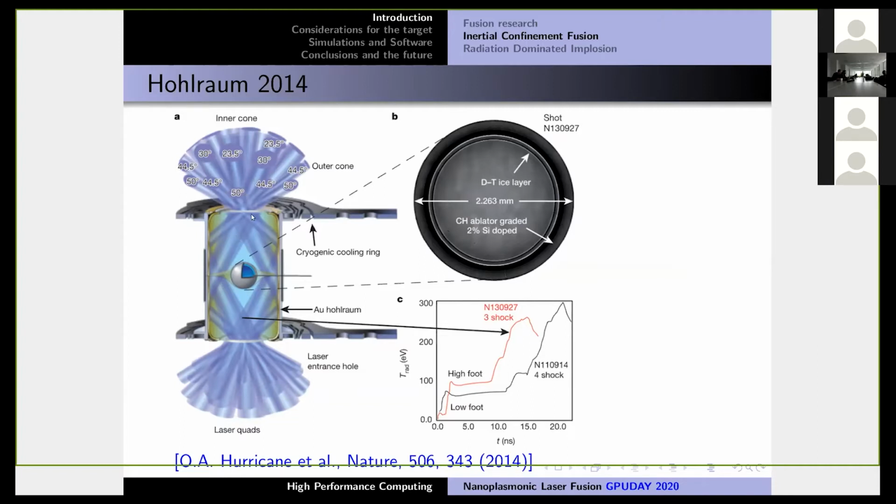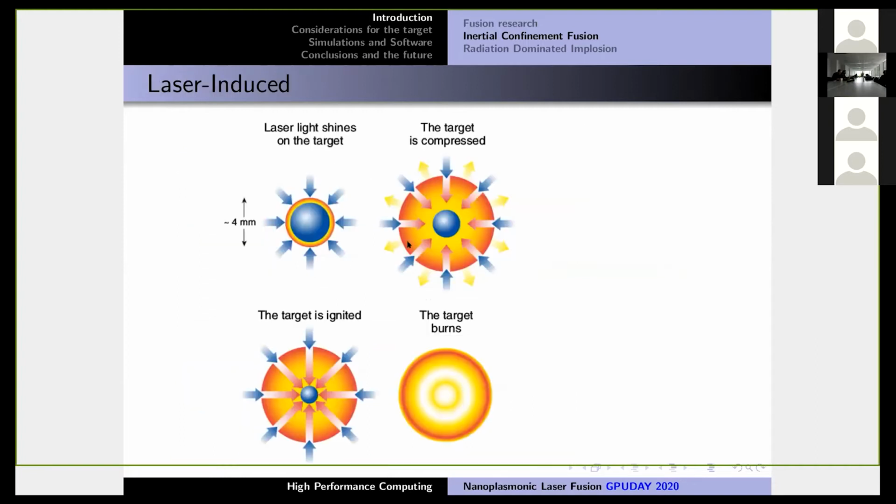More than 190 laser beams excite the hohlraum, and X-rays then will indirectly heat up the target, which has an outside layer, an ablator.